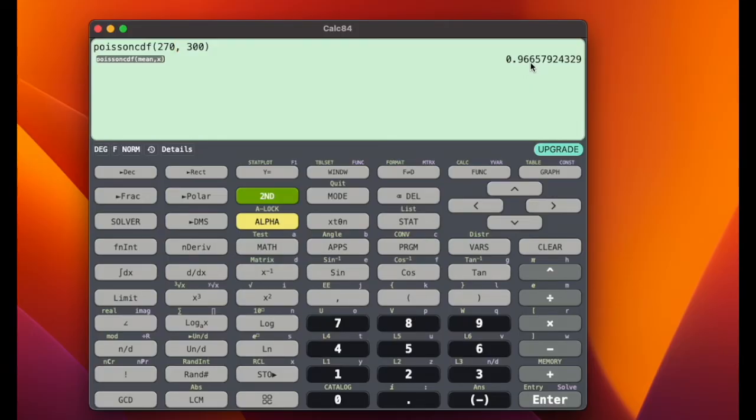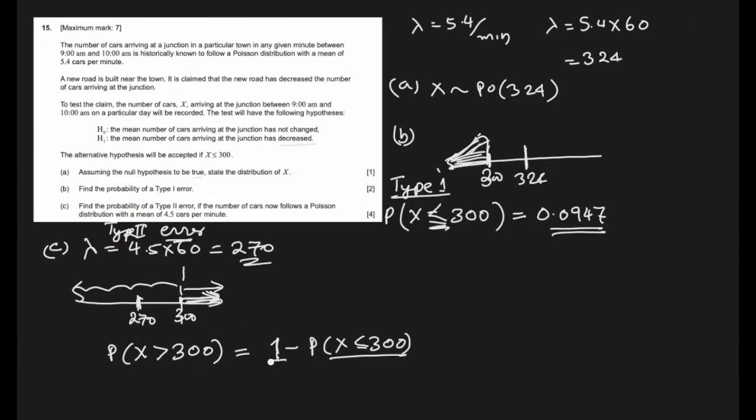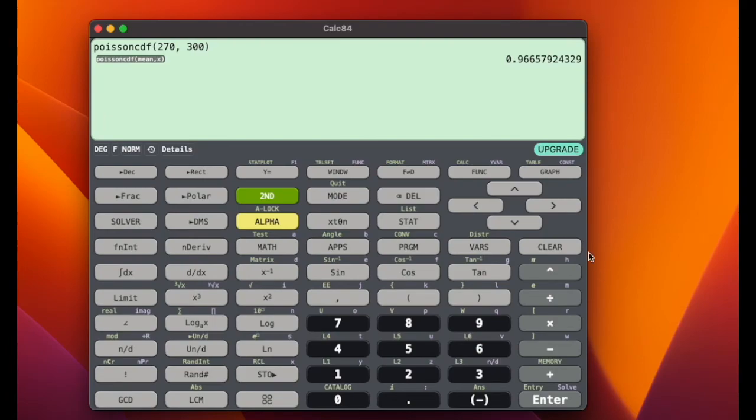0.967, yeah, 0.967 I can write here, 0.967. So it becomes 1 minus 0.967, which comes out to 0.033, and we wanted one more digit because it is not giving us.